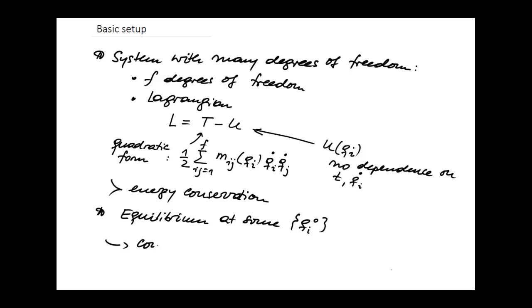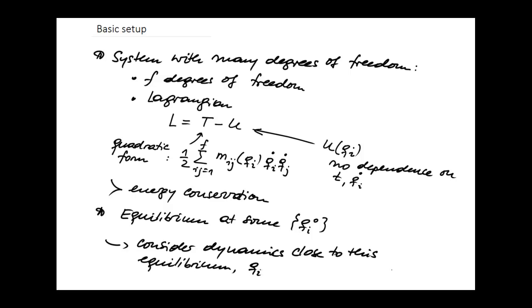We consider the dynamics close to this equilibrium. So we are assuming that the Qi are approximately equal to their equilibrium values.